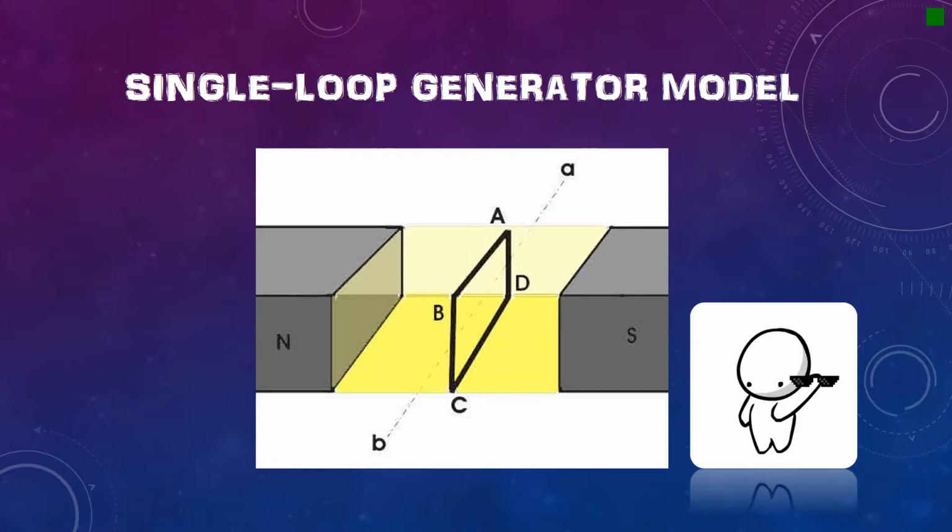When the loop rotates from its vertical position to its horizontal position, it cuts the flux lines of the field. During this movement, AB and CD of the loop will cut the flux lines. There will be an EMF induced in both of the sides AB and CD of the loop.